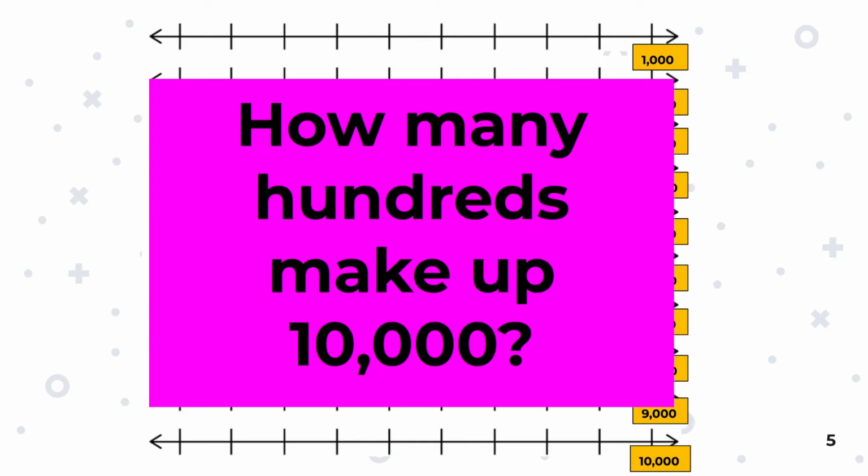Okay, we're going to find out how many hundreds make up 10,000 by counting by hundreds. Just like we did on the earlier screen where we counted by thousands to get to 10,000, this time we're going to count by hundreds. That means we're going to skip count by 100 or add 100 every time I say a new number.